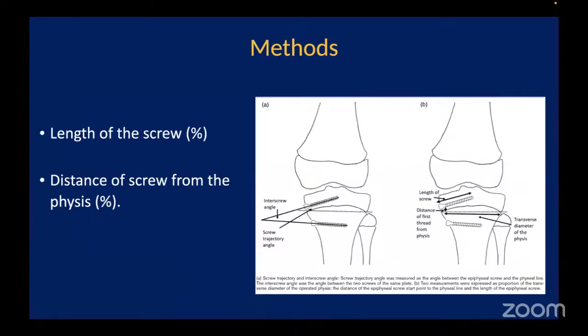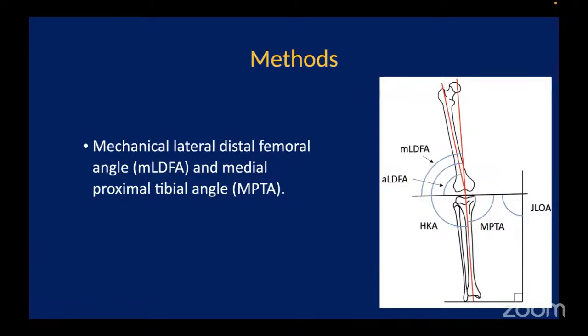The length of the screw was taken as a percentage, and the distance of the screw from the physis was also calculated. Preoperatively, the lateral distal femoral angle and the medial proximal tibial angle were also measured.